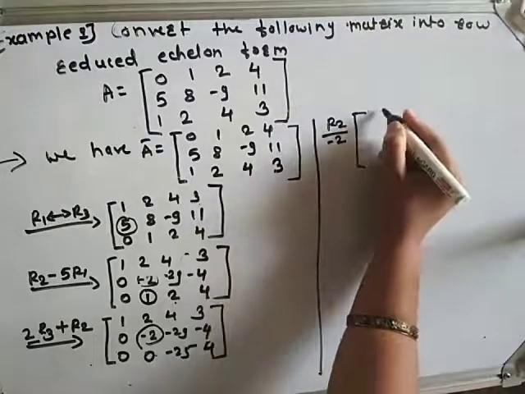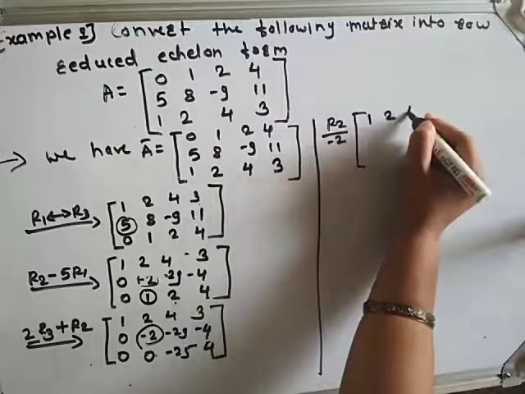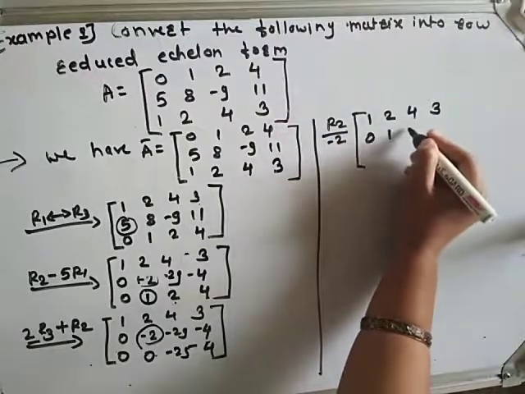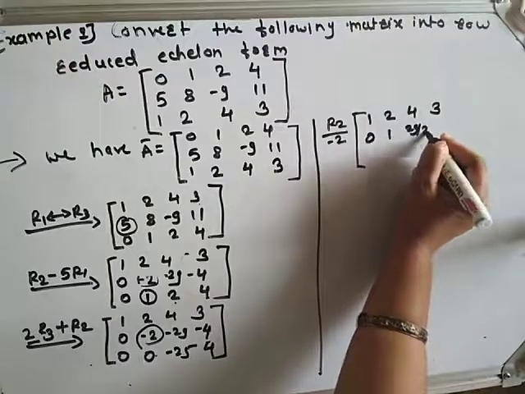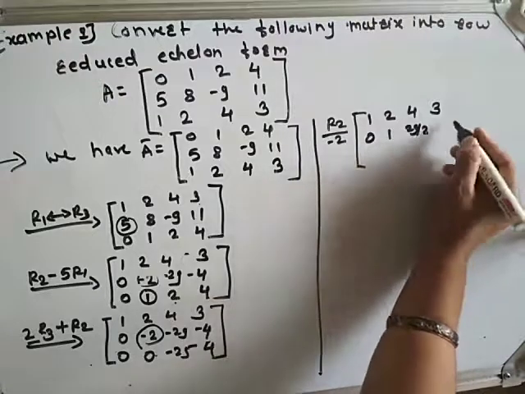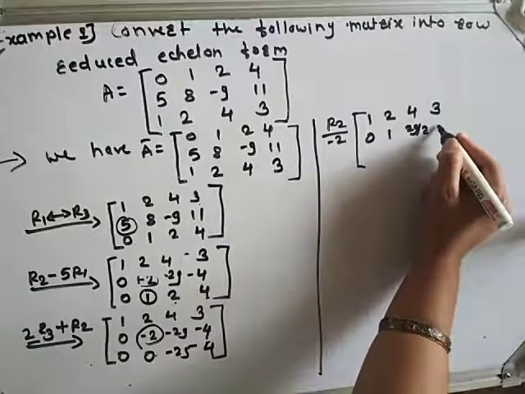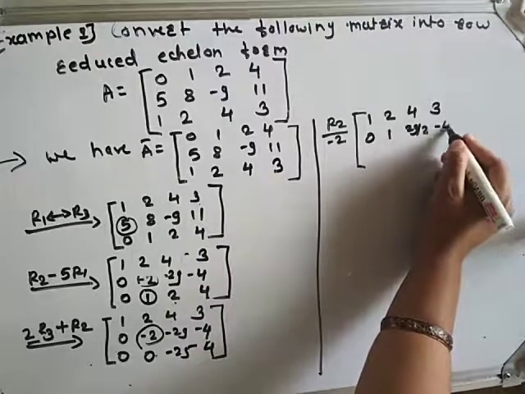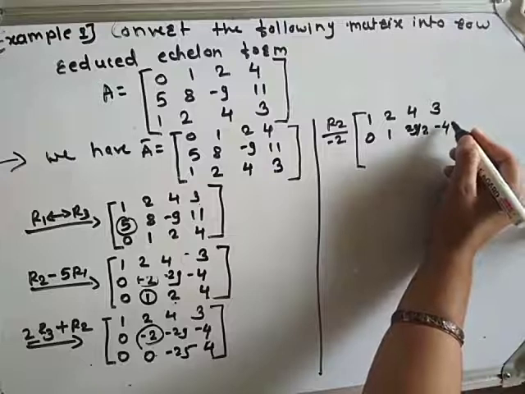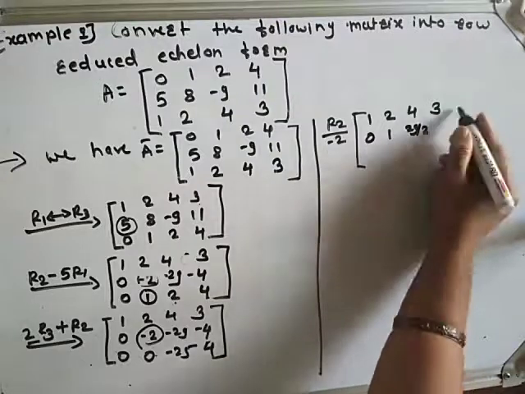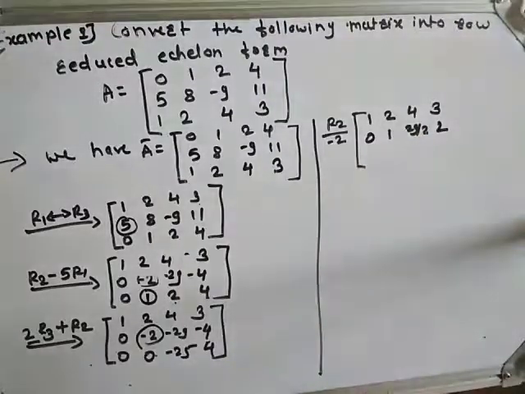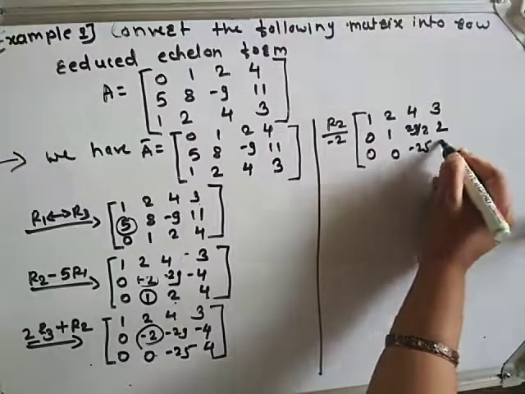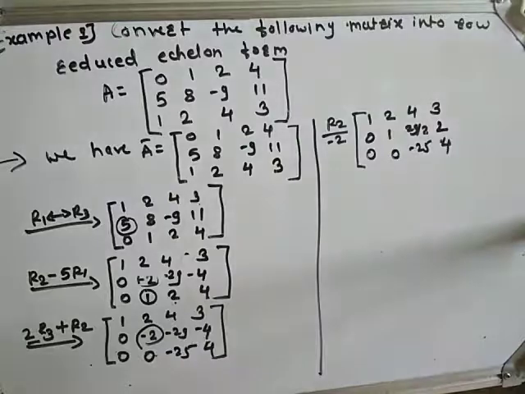Therefore the matrix becomes 1, 2, 4, 3; 0, 1, 29 by 2, 2; and the last row is 0, 0, minus 25, 4.